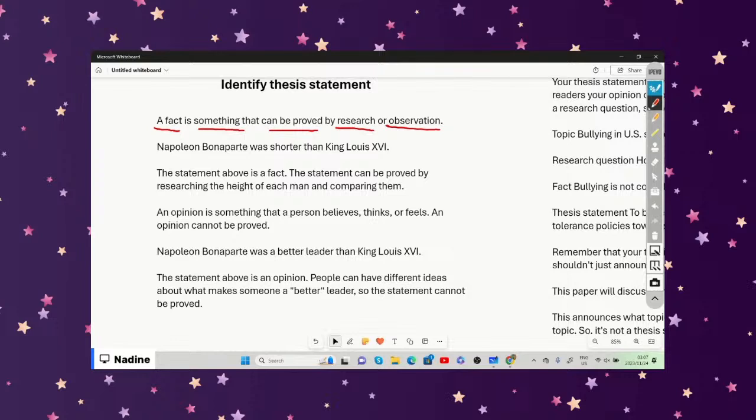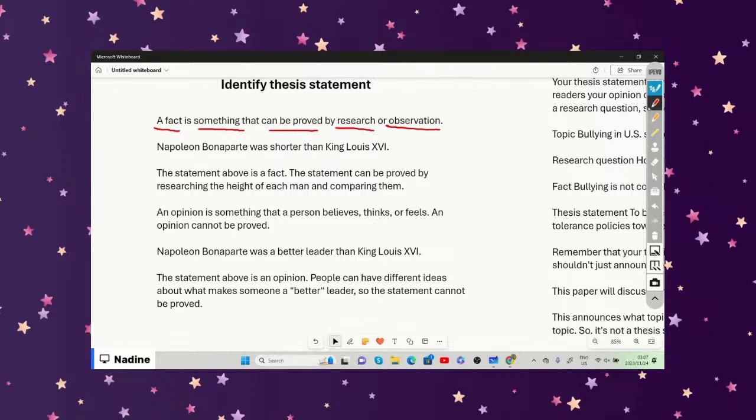But an opinion is where you give your thoughts on what you think is happening and what you think are the reasons, because we give reasons based on how we feel about certain things, right? But a fact is something that can be proven by research and by observation.